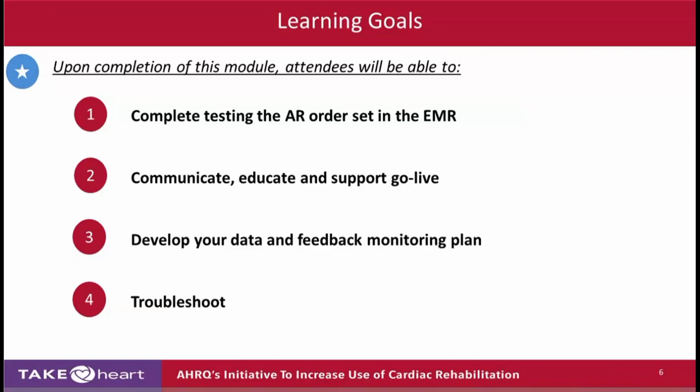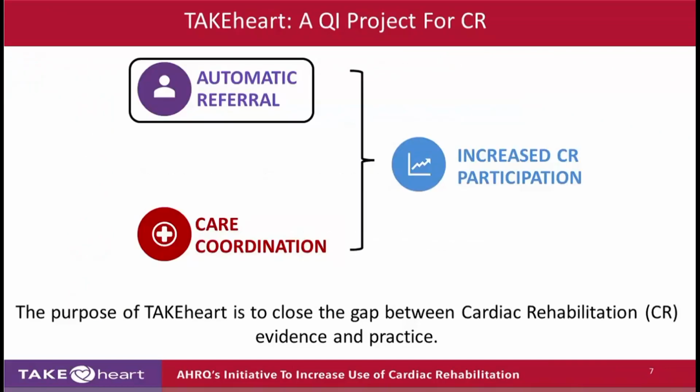Just as a reminder about Take Heart, it's a process that involves both automatic referral and care coordination, because the evidence is very clear that when you combine an automatic referral system and enhanced care coordination, that leads to increased cardiac rehab participation and ultimately to better outcomes for all of those patients that participate.